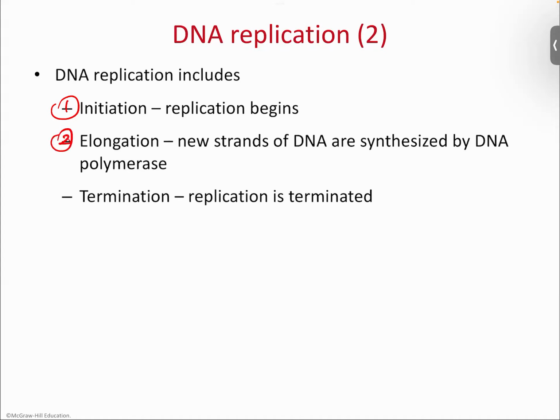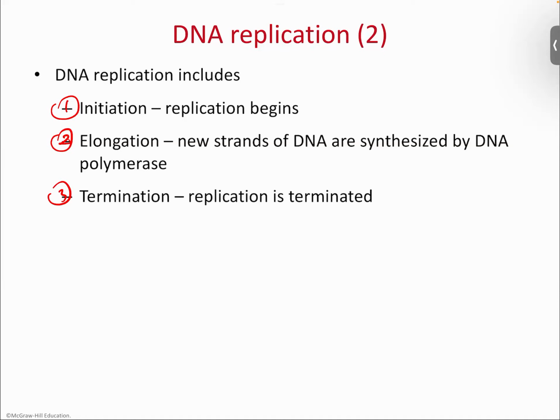After you get initiation events set up, then there is elongation. Elongation is the actual execution of the process itself. In this case, there is initiation, that is getting yourself set up and ready for replication. And then there's elongation, which basically means you're actually putting together nucleotides to form DNA. There's a transcription elongation, there is a translation elongation. Okay. And then of course, all good things must end. You have a termination event. So you have a replication termination, that is to say the point at which you stop because you've already completed your replication.